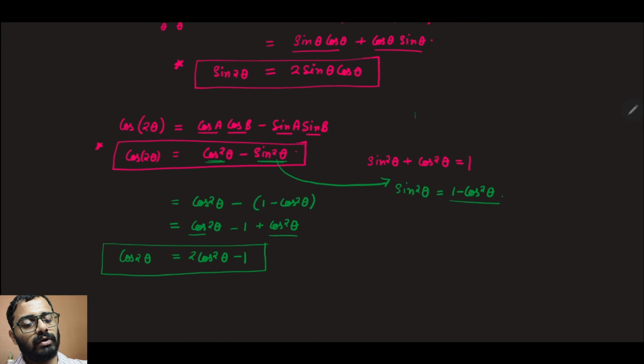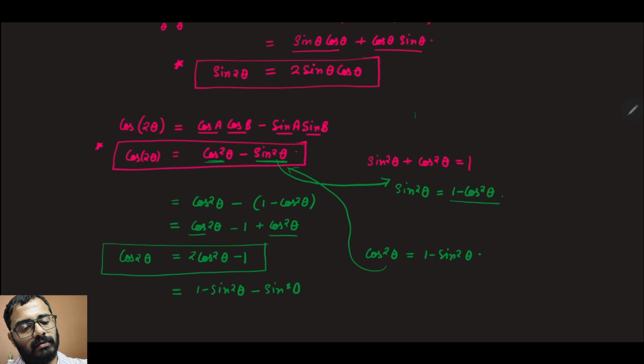Same thing we can do for the elimination of cos square theta, if we want our answer in the form of sin square theta only. For the cos square theta substitution, we can write it as 1 minus sin square theta. We will put that in the equation here. So it is going to become 1 minus sin square theta minus sin square theta.